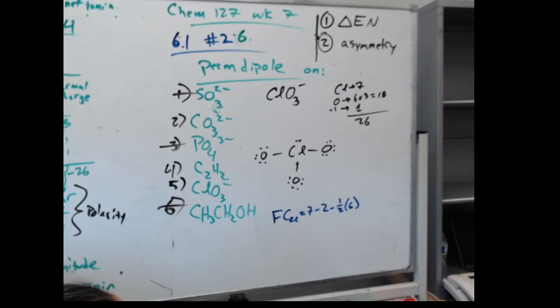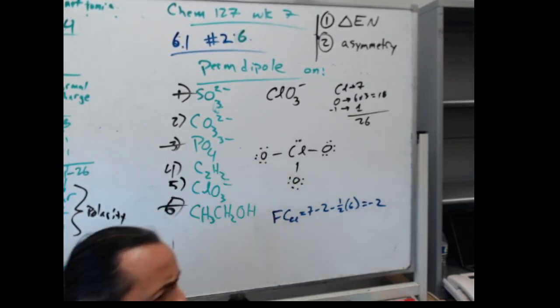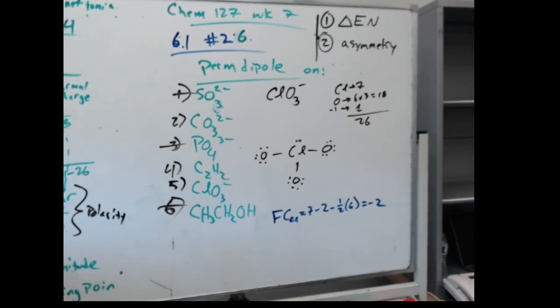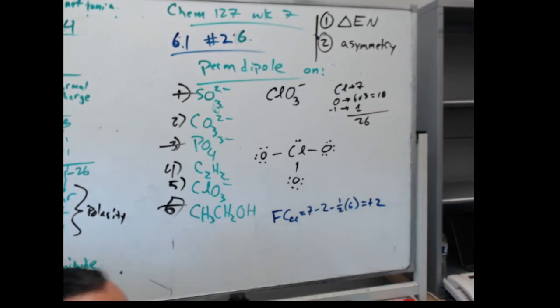Oh, math. Oh, goodness. -2 is super bad. -2 or +2? +2. Still bad, right? Remember, a formal charge greater than 1 is not likely. So this structure that I drew is not very likely.